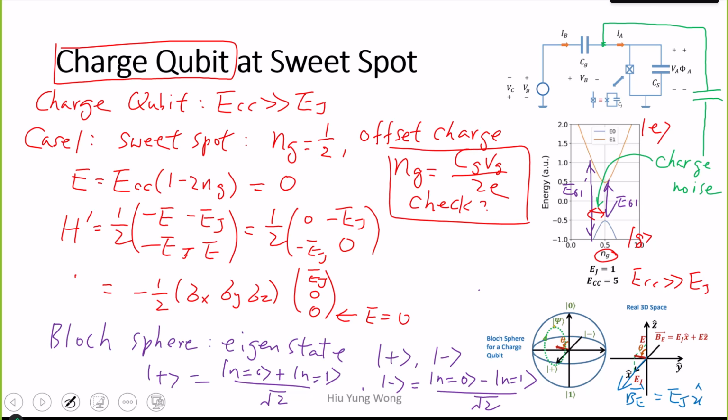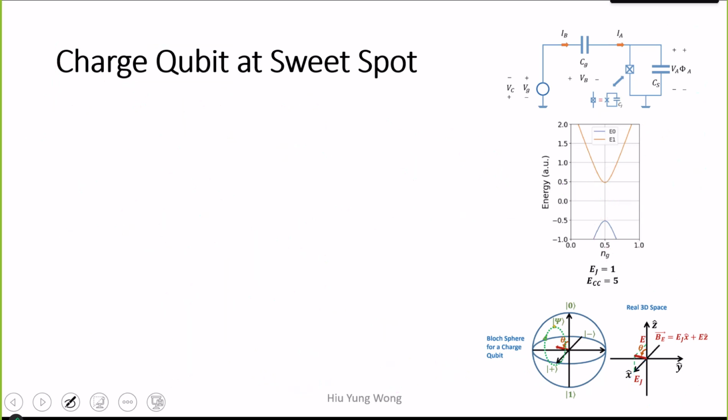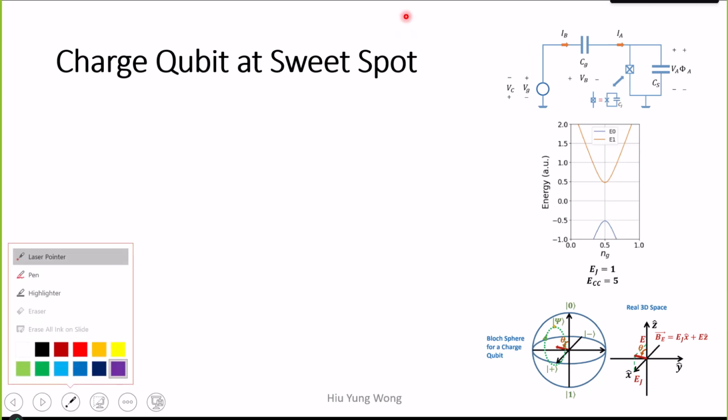Because 0 is the ground state. So actually I've almost said everything I want to say from the previous slide. I also need to emphasize one more thing before I move to the next topic.